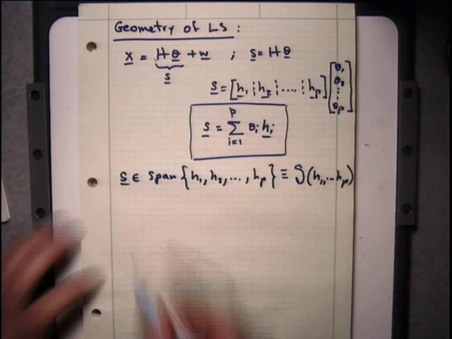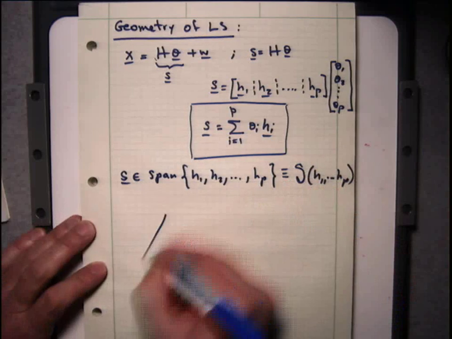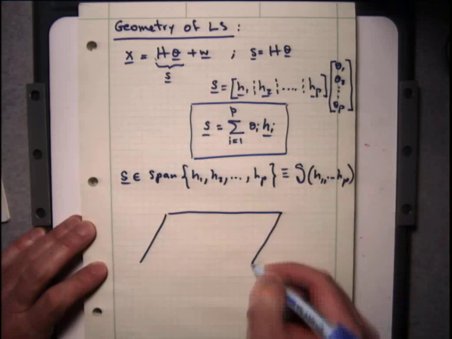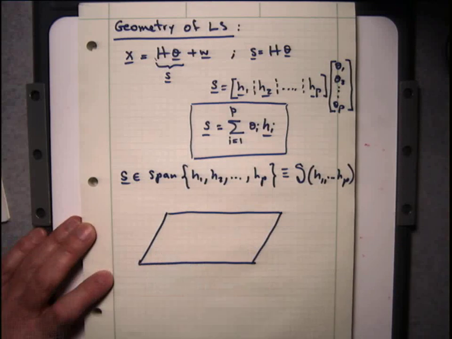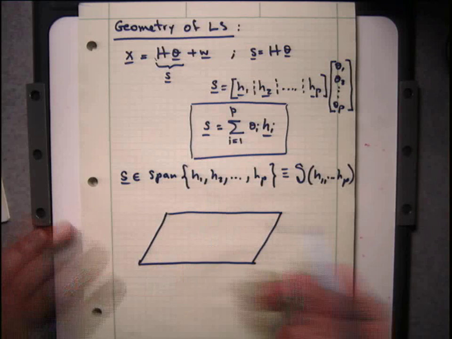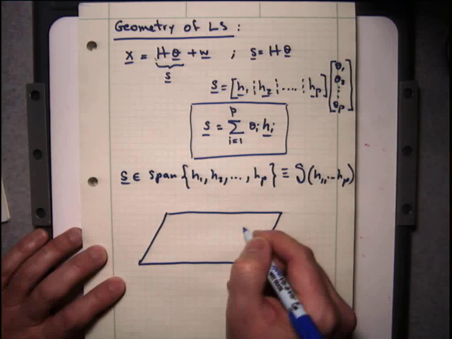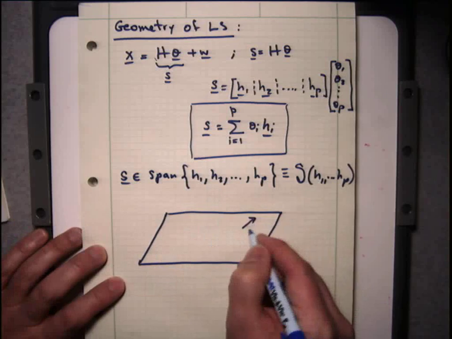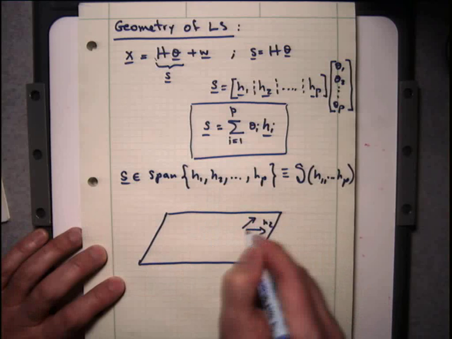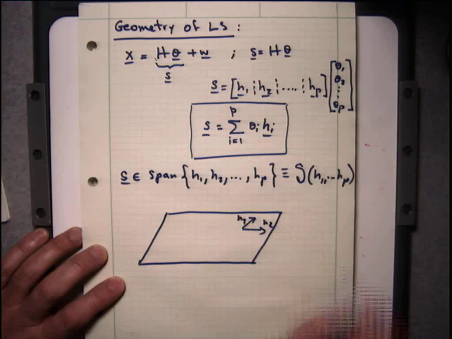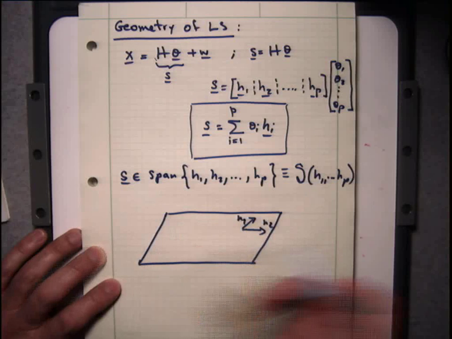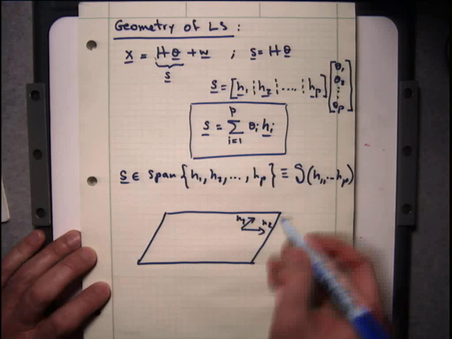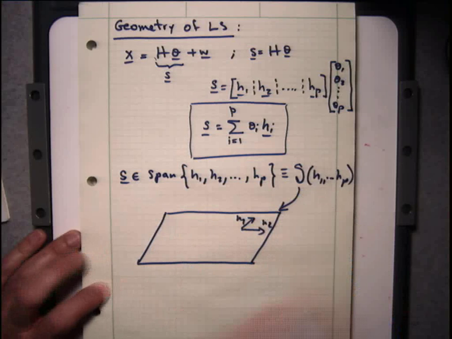In terms of a picture, this is what it looks like. I'm just going to draw a two-dimensional version of this. Suppose you only had two of these. Then you have a couple of vectors, let's say h1 and h2, and these two span this two-dimensional space. And this is where S lives. So this is this set.